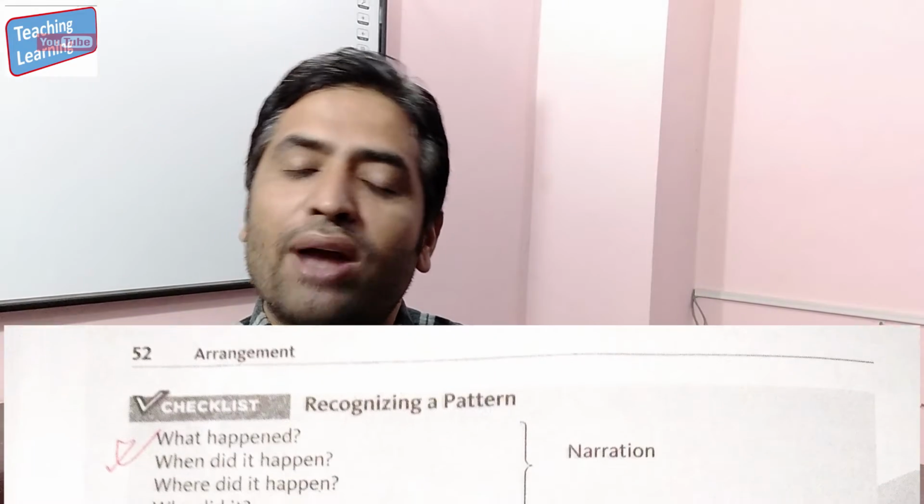Sometimes we go for exemplification, that means providing examples to exemplify something, and sometimes we write for the process, and other times for cause and effect, comparison and contrast, classification and division, and definitions. These things play a very vital role. So let's see it one by one.